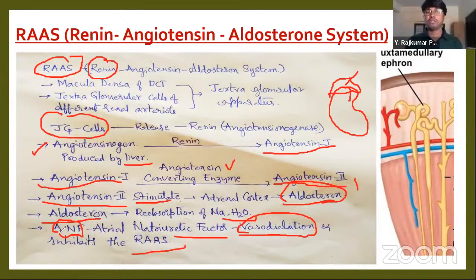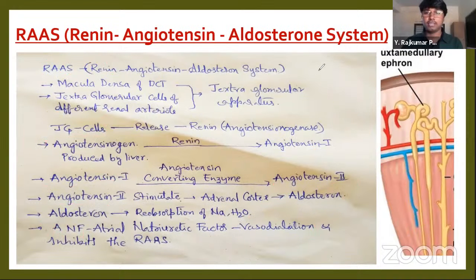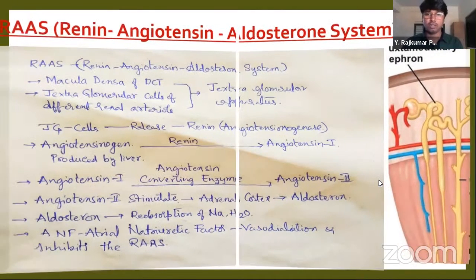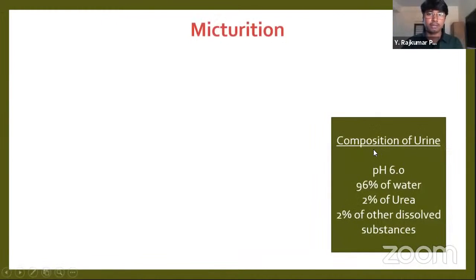So the RAS system helps in the reabsorption of sodium ions and water, but ANP, which is atrial natriuretic peptide, is used for the secretion of sodium ions. Okay, dear students, hope you have understood the RAS system. It's a critical concept. That's why I am taking this much time. Let's learn further. I will explain this again after completion of the chapter.